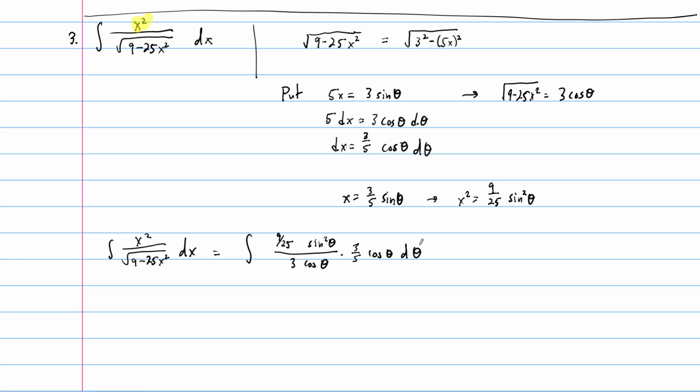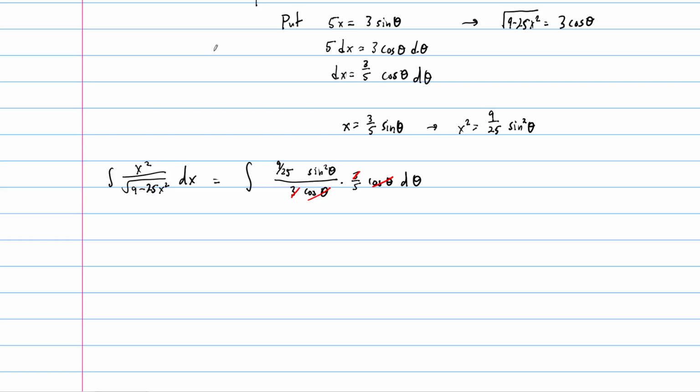And a lot of this stuff is going to cancel. The 3 and this 3 cancel. This 5 is going to get grouped with the 25, and the cosine thetas also cancel, from the integrand down below and the dx here. And so this integral reduces significantly to become 9 over 125 times the integral of sine squared theta d theta.